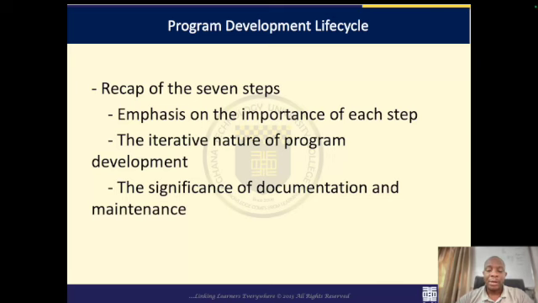Maintaining your program is handling the changes that may come along the way until the lifetime of the program is exhausted. These are the 7 steps that we need to follow in developing our program.